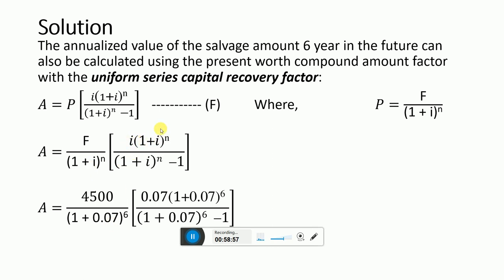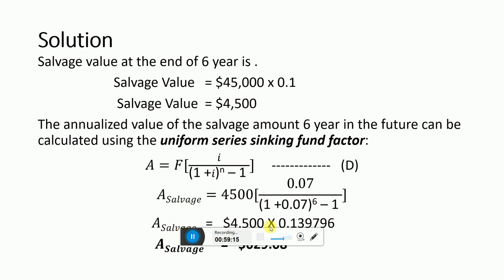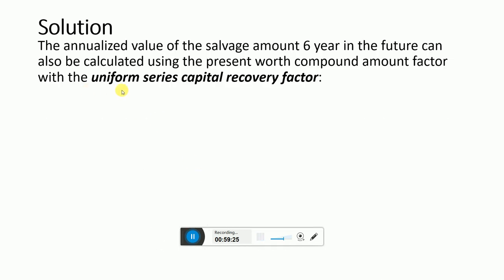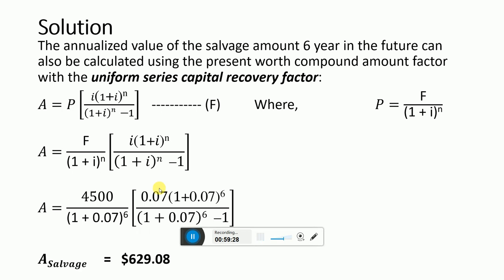If we simplify this, we get $629, which is the same as we got from our previous formula. So using either the uniform series sinking fund factor or the uniform series capital recovery factor, we get the same annual salvage value, which is $629.